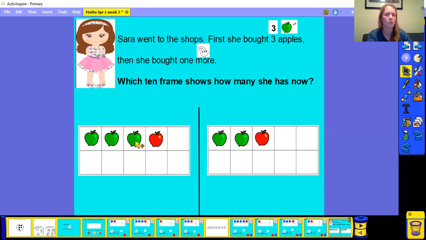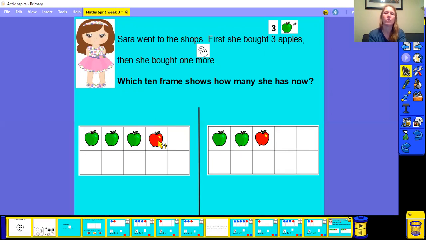Let's just check something else. It says, then she bought one more. I think that's represented with a red apple. Does it show us one red apple? Yes, it does. So first she bought three green apples, then she bought one more apple, and that was red.